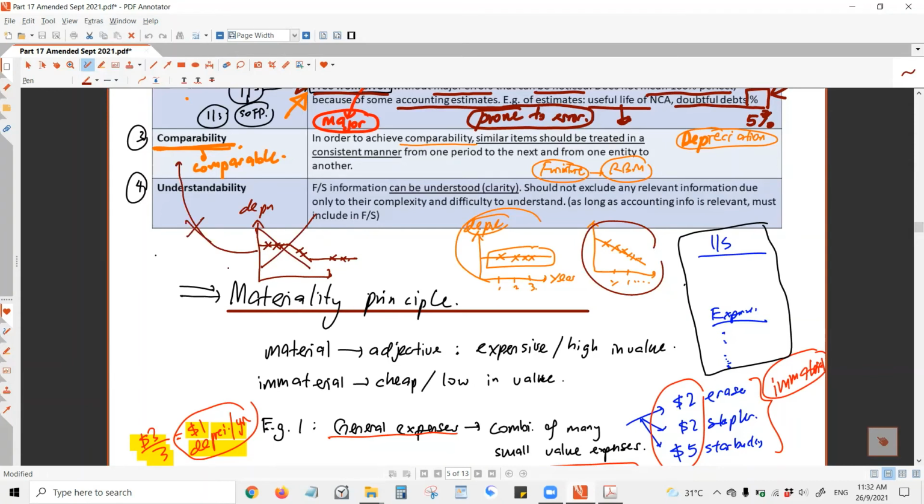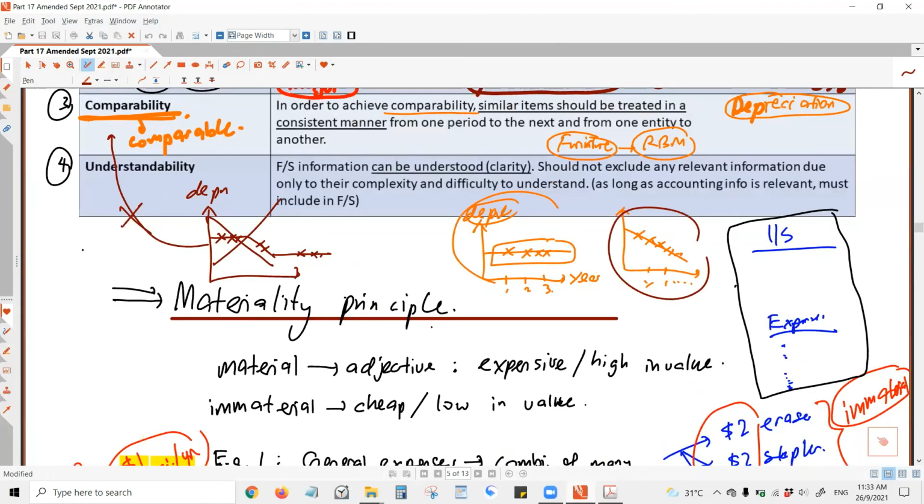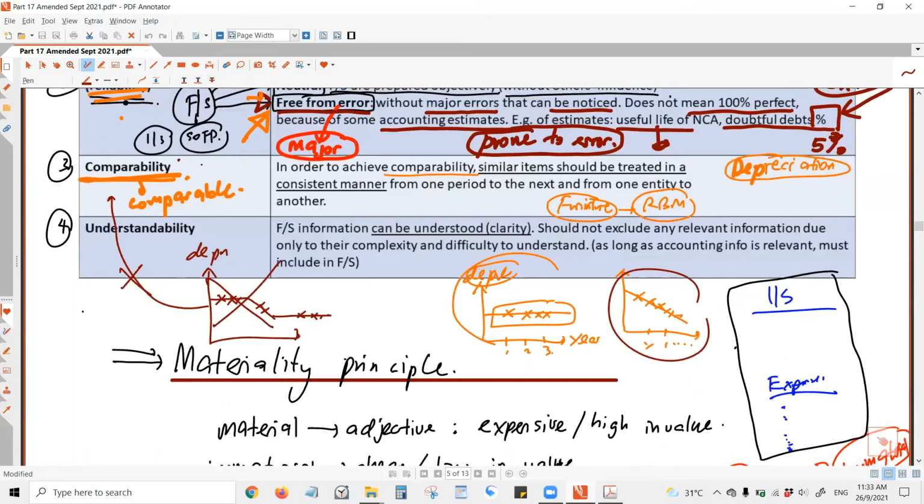Okay, so this is just one example. There are many more examples. For example, I can use doubtful debt as the example, and there are more examples which I do not know, to be honest. This is the most common one. So basically comparability is linked to the consistency principle.